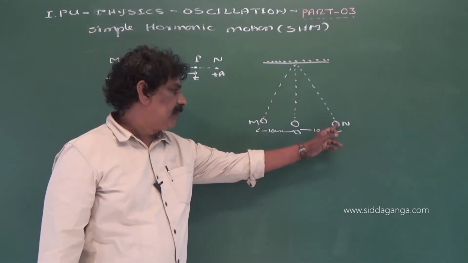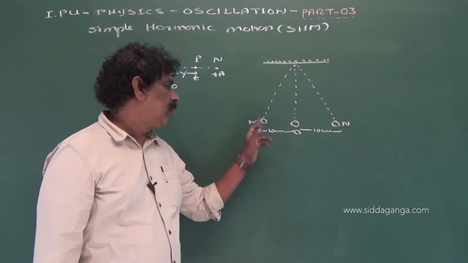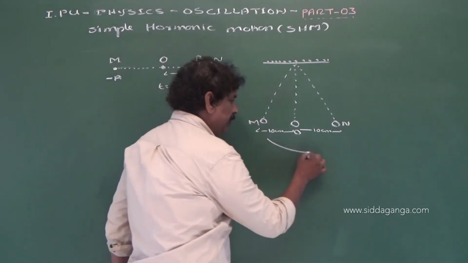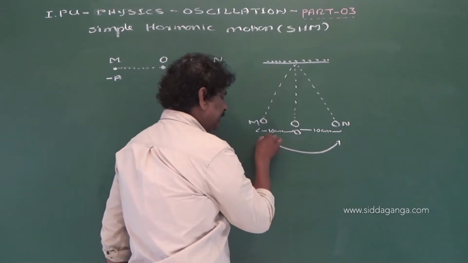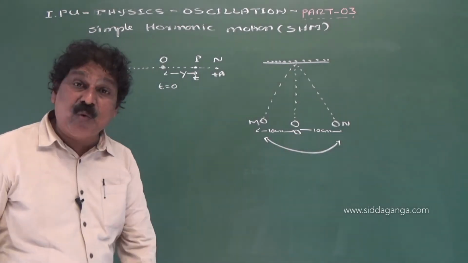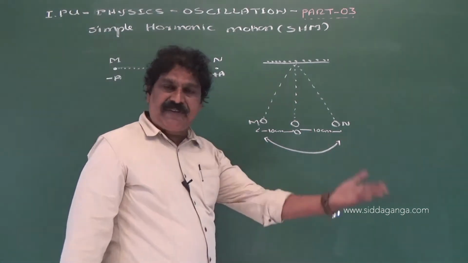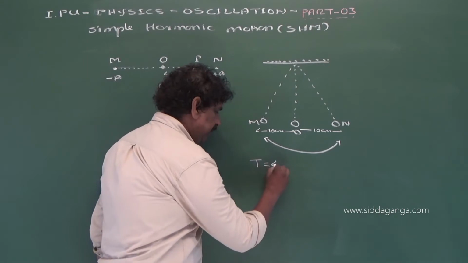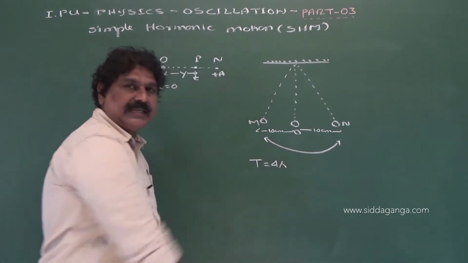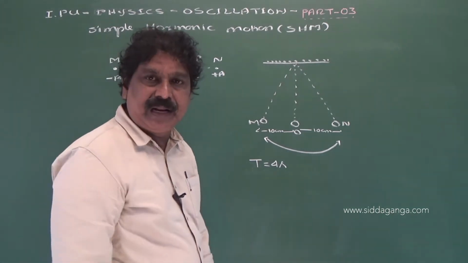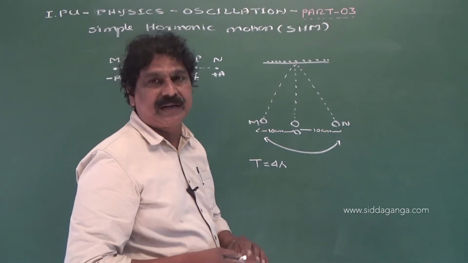It moves from N to O to M, executing a simple harmonic motion between two extreme points M and N about the mean position O. Suppose it has a time period T equal to 4 seconds. Now the time period of a simple pendulum depends on only two factors.